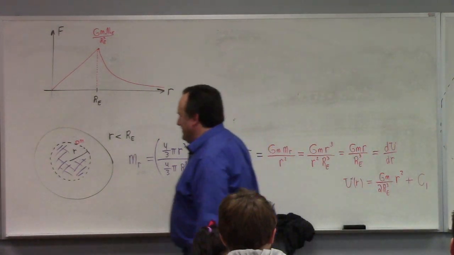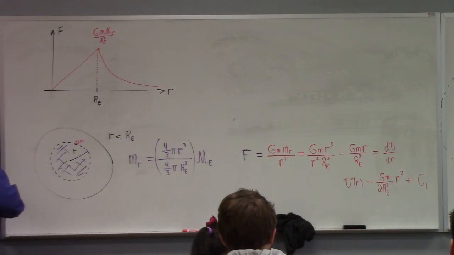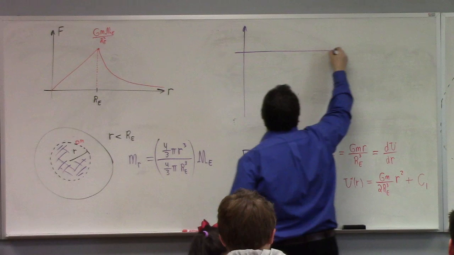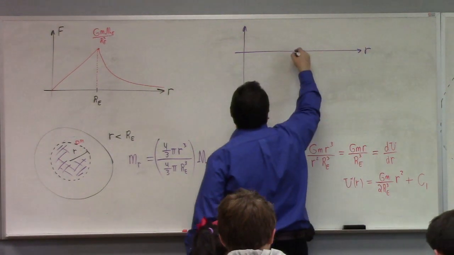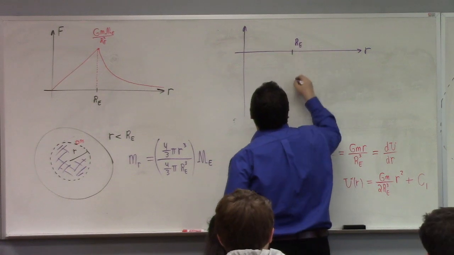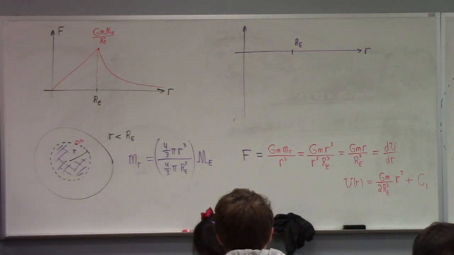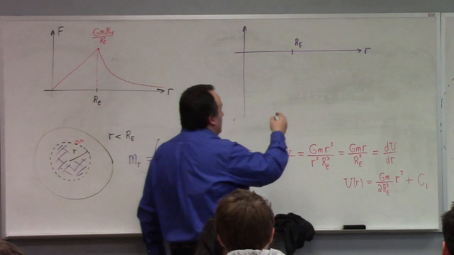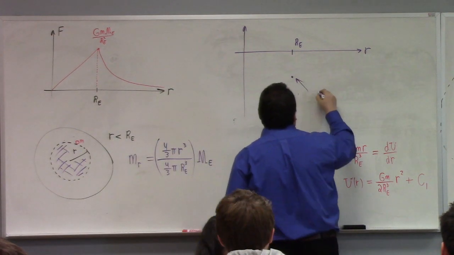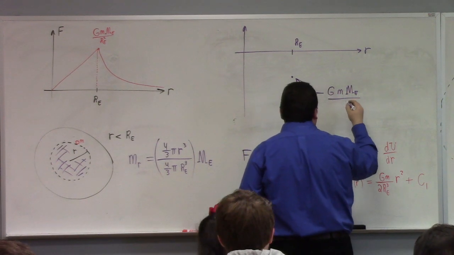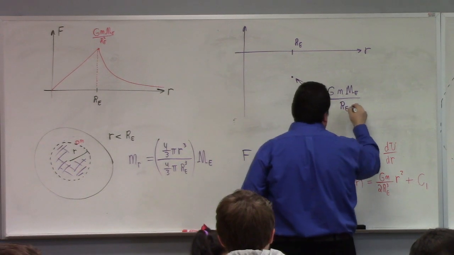So if I plot it up here, here's r, here's the radius of the Earth, right? What's the potential energy at the radius of the Earth? If we set the potential to be 0 at infinity, it is minus G M mass of the Earth divided by radius of the Earth, right?